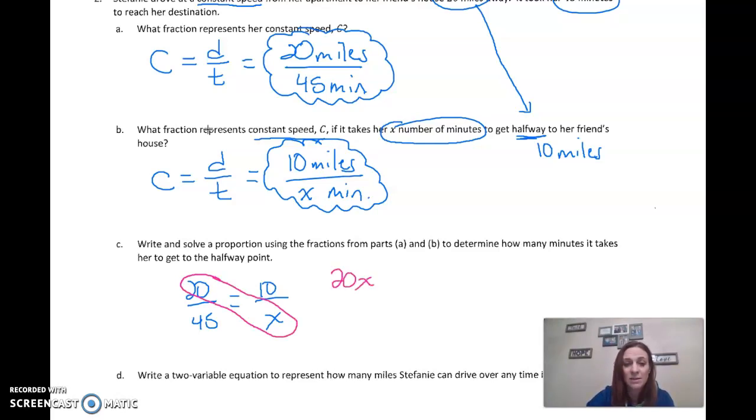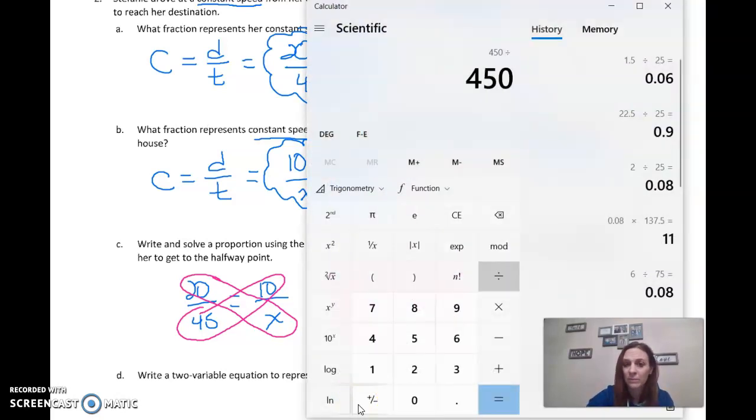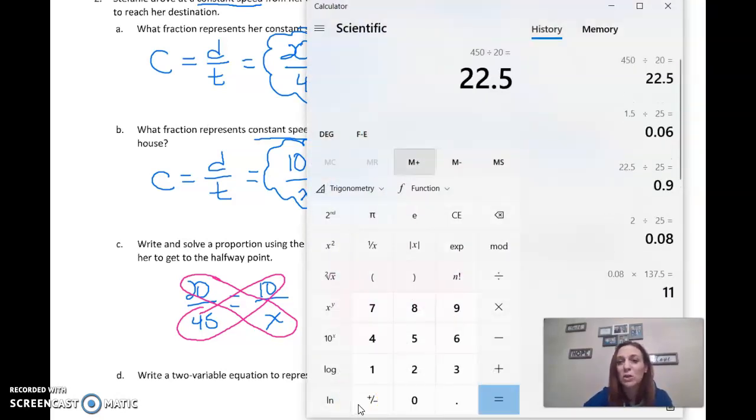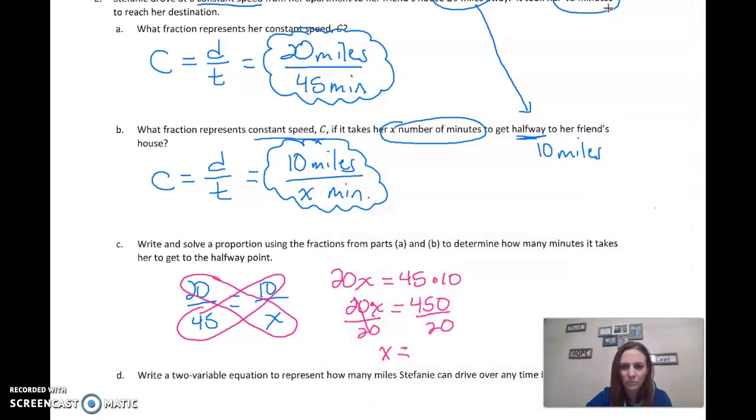20 times x has to equal 45 times 10, well, 450. If we're solving for x and we have to get rid of the 20, it's 20 times x, so we do the opposite. We divide. 450 divided by 20 is 22.5.